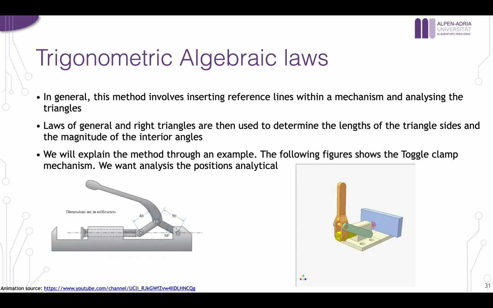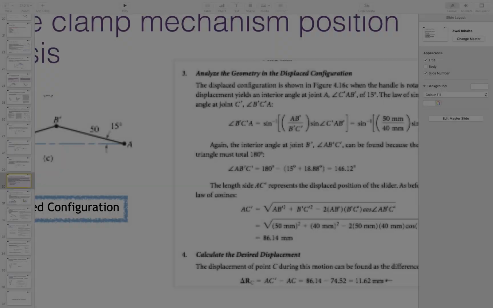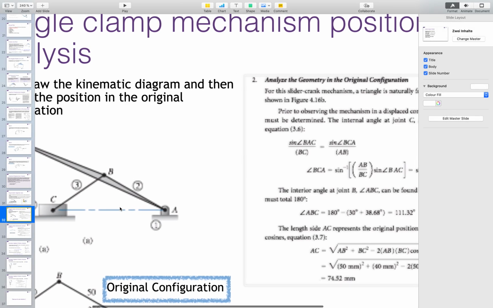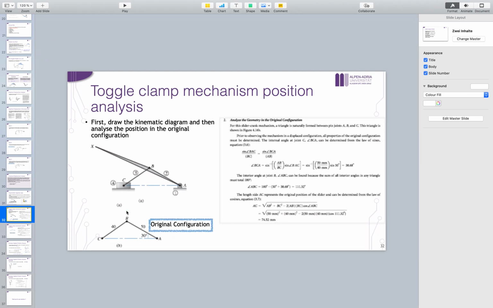Now this is the mechanism. As I said, we can draw the kinematic diagram of this mechanism either by lines that represent the simple links, like here, or by triangles that represent complex links, like this. It really doesn't matter how this triangle looks.